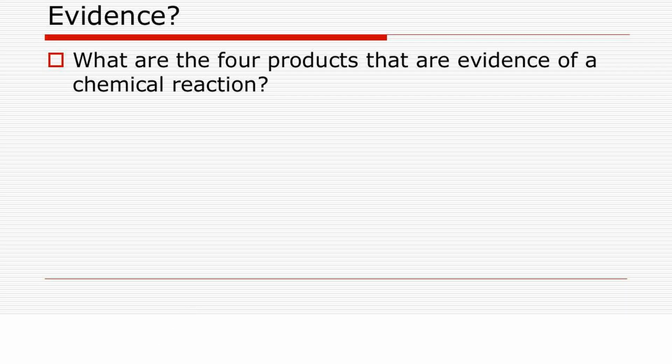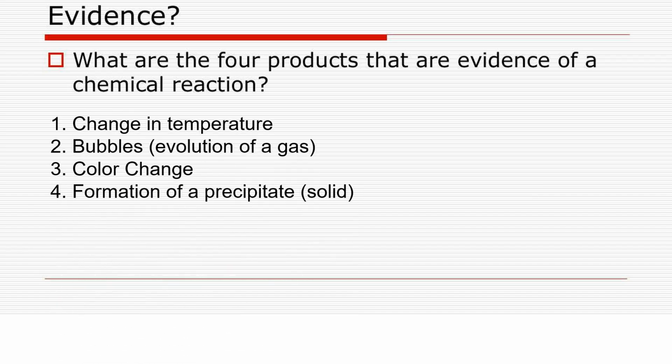Based off the reaction we just saw, what are some evidences that we saw a reaction? All right, color change, bubbles maybe, evolution of a gas. We definitely saw a gas being produced because we saw the smoke coming off of it. Formation of a precipitate or a solid. We didn't see this fourth evidence in this one, but we saw the other three.